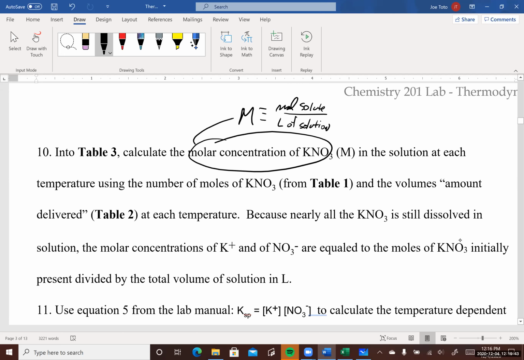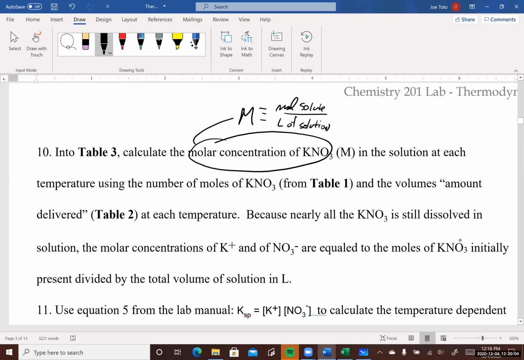And for example, the first case, you would take very simply for that run 1, it would be that around 20 grams that was dissolved in approximately 15 milliliters.